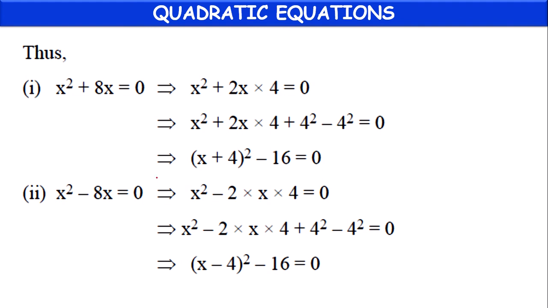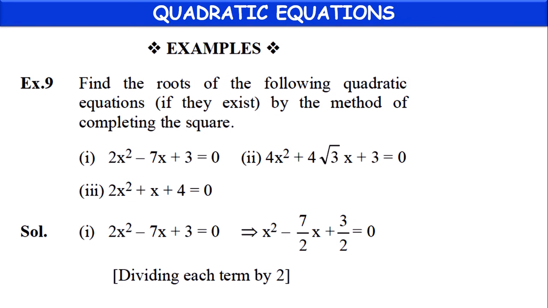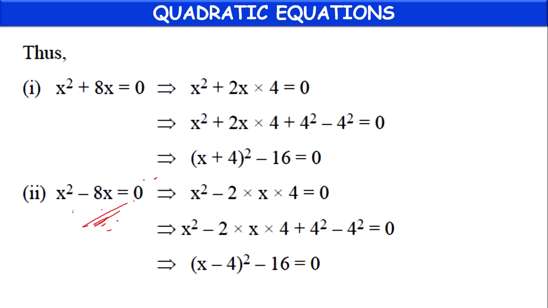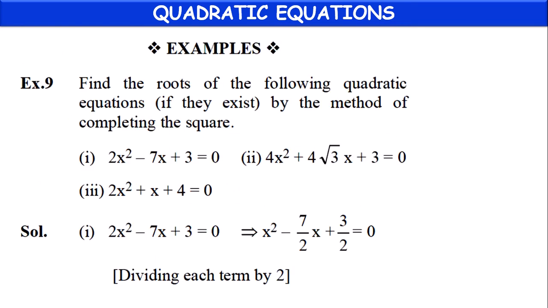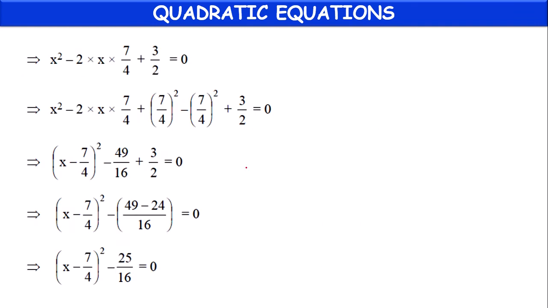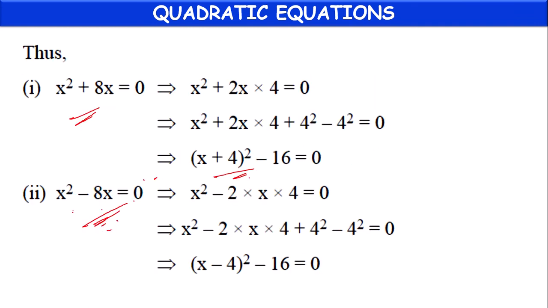Next. Here, children, x square minus 8x equal to 0. We are just learning here how to write it into this model. After that, we have some more examples, in which we can learn the complete solution. Suppose we have x square minus 8x. Let us keep x square as it is.